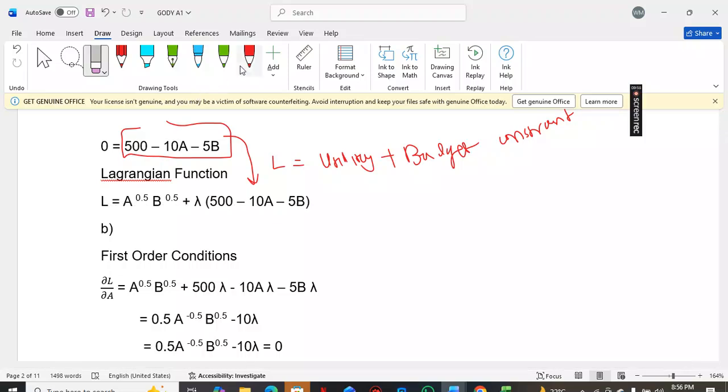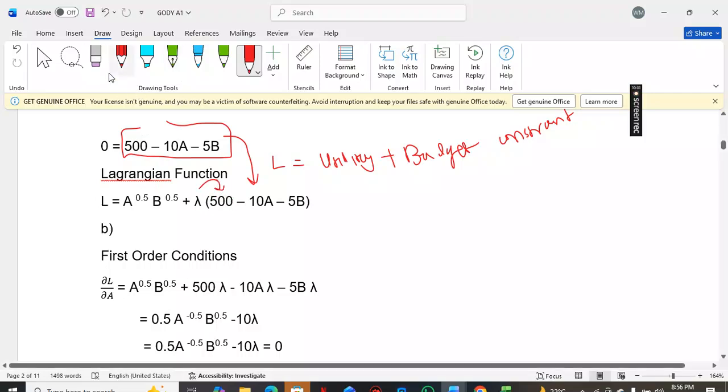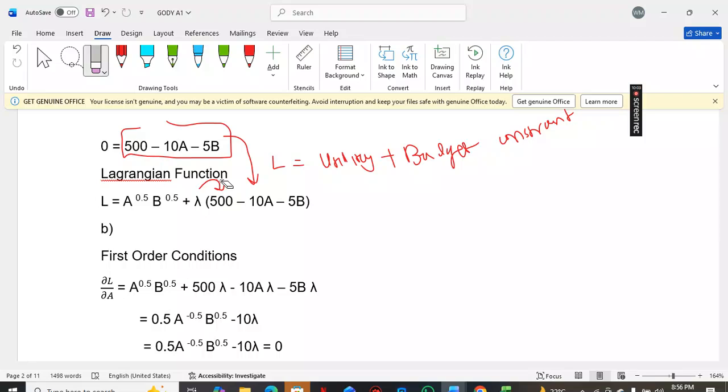Before deriving this function, just distribute the lambda to these other terms.